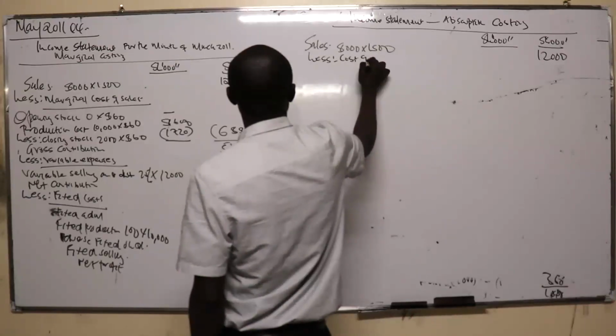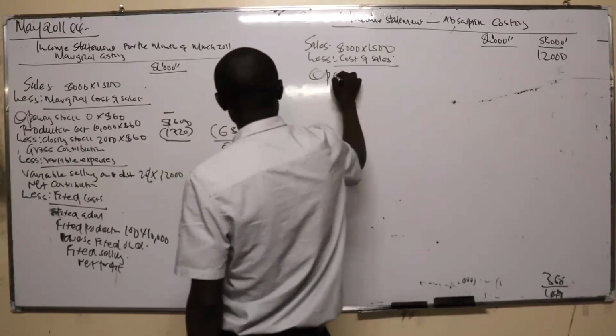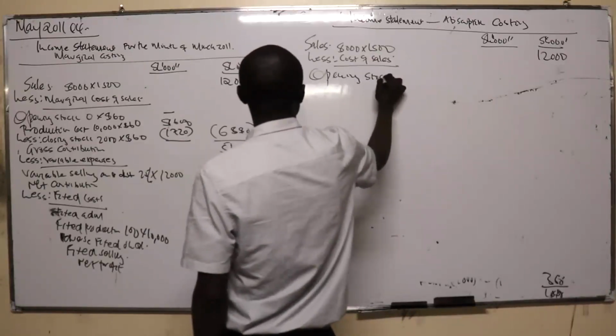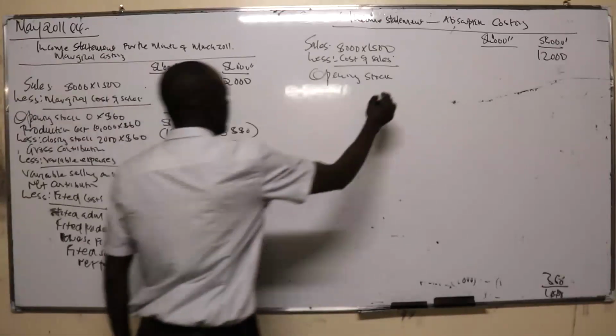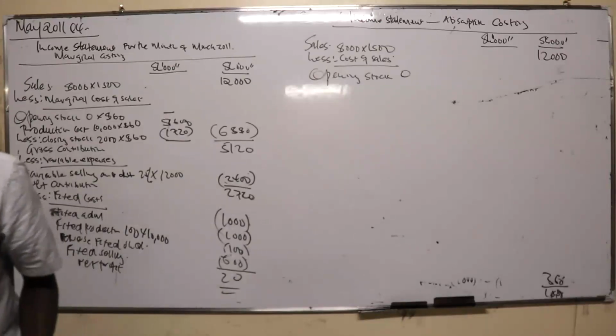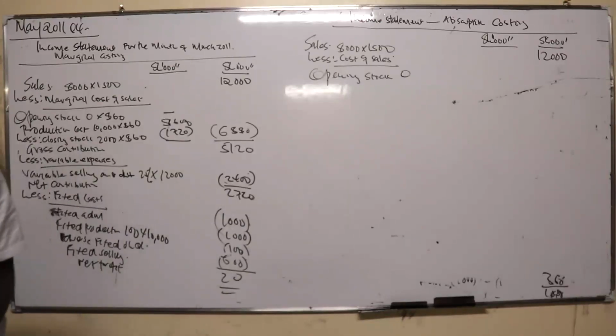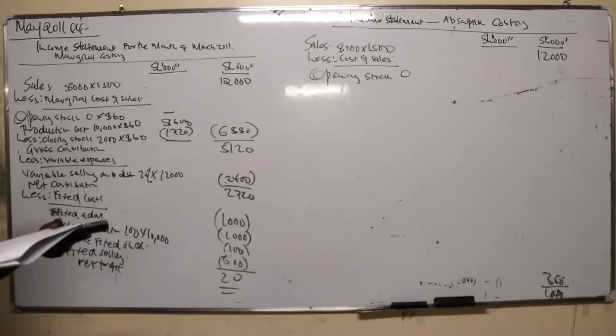cost of sales. So we have the opening stock. If you had opening stock, the value would have been 0. You multiply by 960. Why 960? You add the variable cost and the fixed cost per unit.